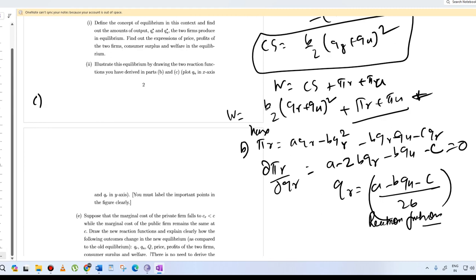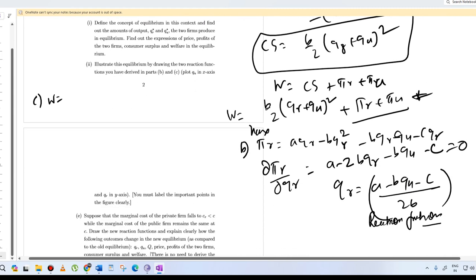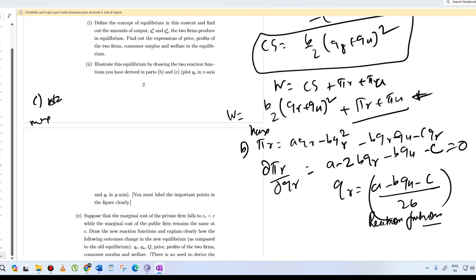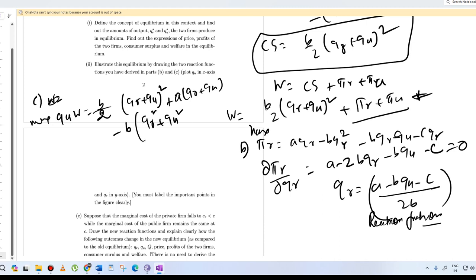So here in the C part, W equal to B by 2 times (QR plus QU) square plus the profits, and we maximize with respect to QU.